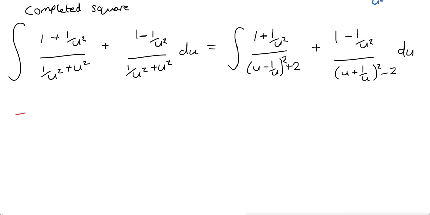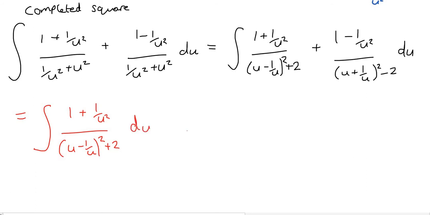As I said a few minutes ago, we can finally split this into two integrals, which is going to be helpful for later. So we have the integral of 1 plus 1 over u squared over u minus 1 over u, squared, plus 2 du, plus the integral of 1 minus 1 over u squared over u plus 1 over u, squared, minus 2 this time.